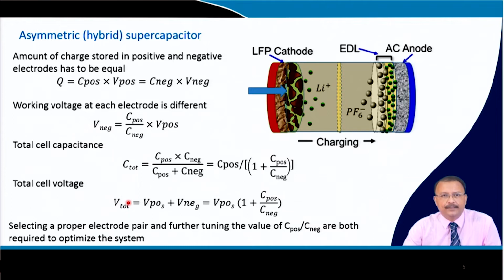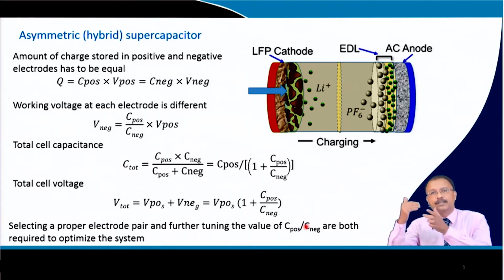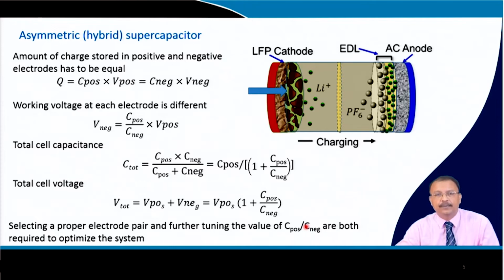So, if I want to play with this total voltage, then basically the positive electrode voltage range and also the ratio of this capacitance is important. So, I need to optimize the ratio positive by negative in the case of an asymmetric pseudocapacitor and EDLC type hybrid supercapacitor.